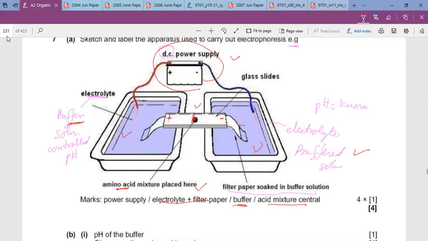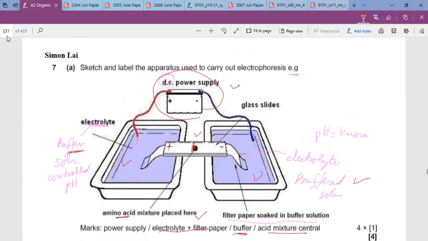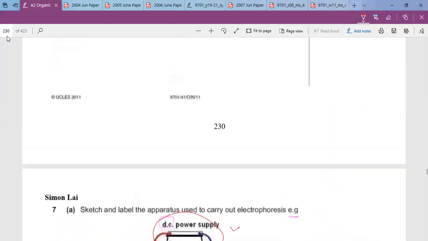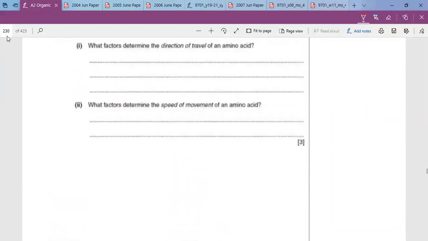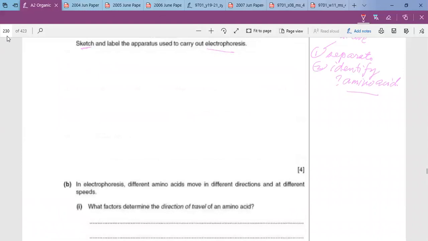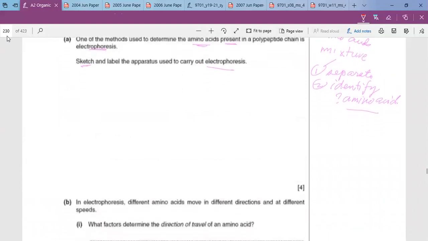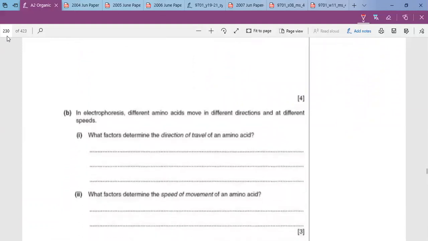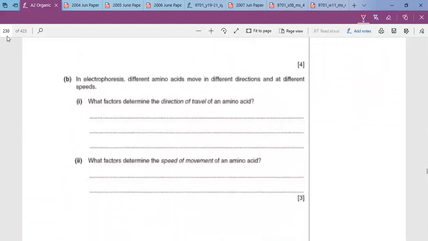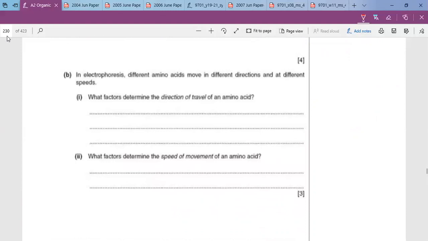Now let's look at the question again, what they ask you. Electrophoresis: different amino acids move in different directions, whether positive or negative, at different rates. Two things they ask you for: direction and speed, how fast.